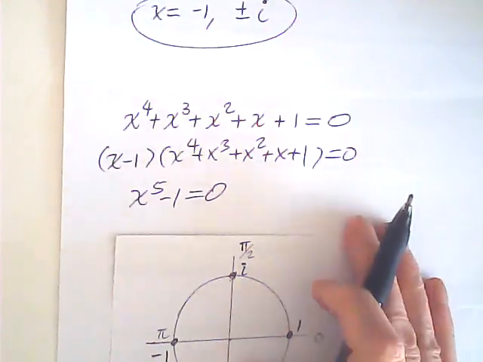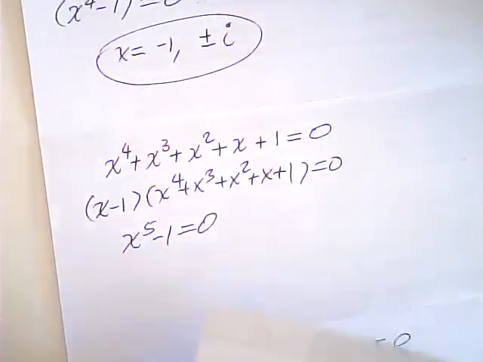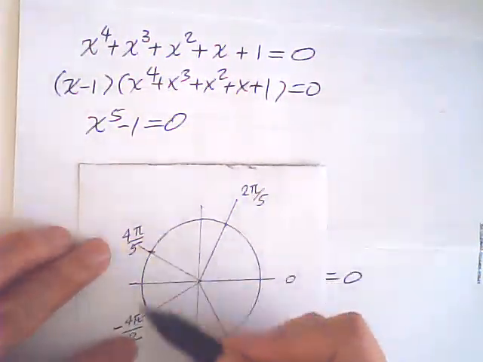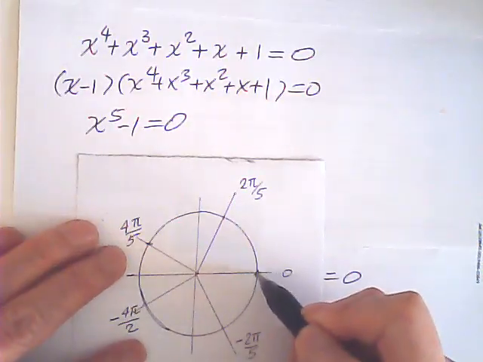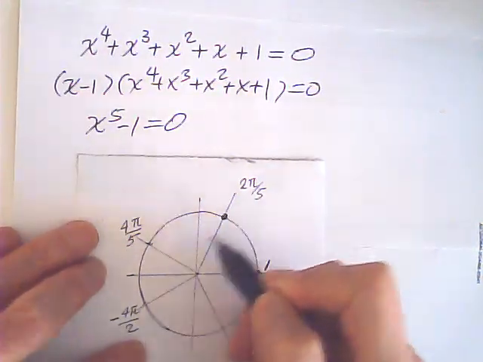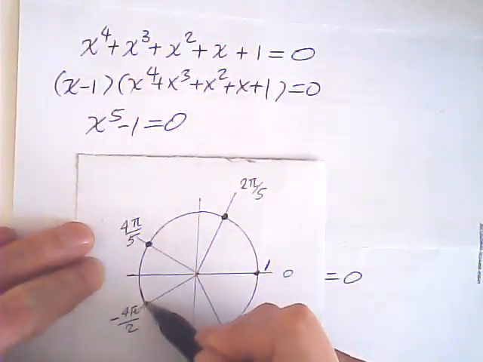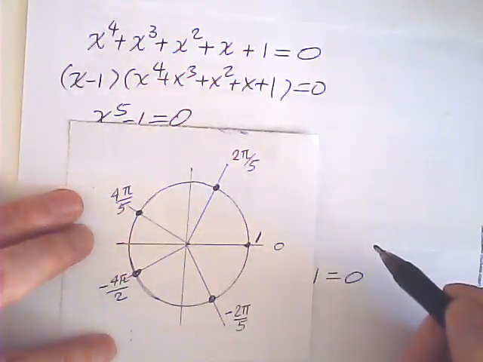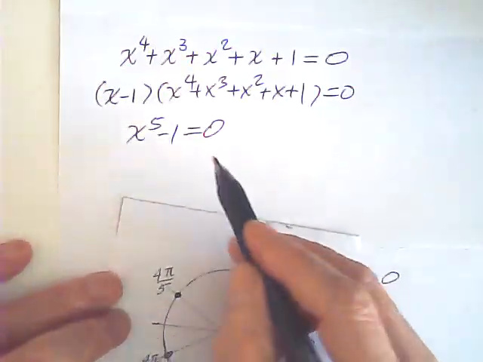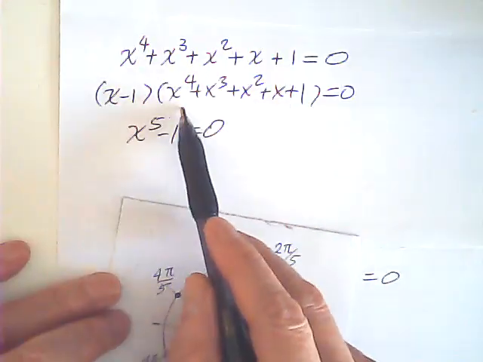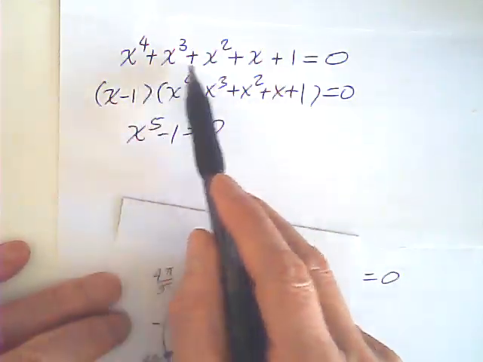So we have 5 roots distributed over this unit circle. This is 1. This is another one. This is another one. This is another one. There are 5 roots, and one root is positive 1. The other 4 belong to this equation.